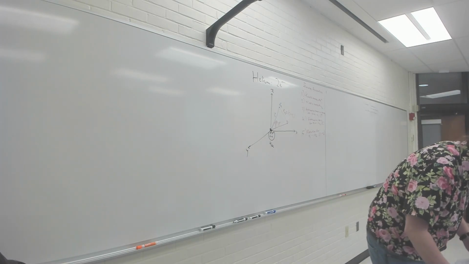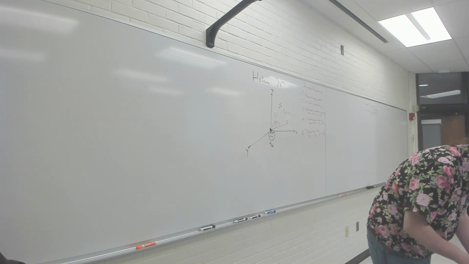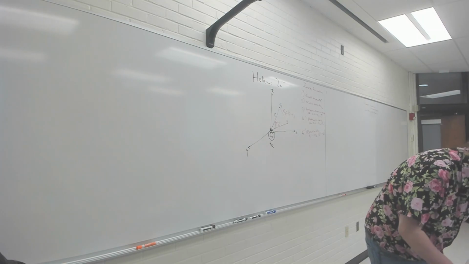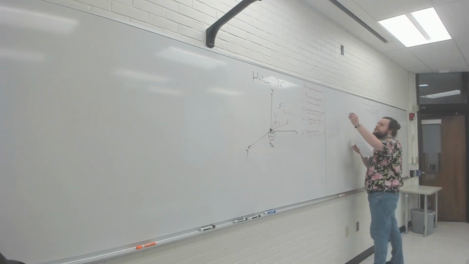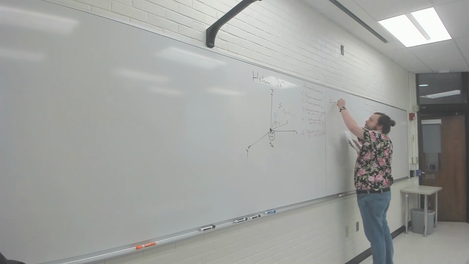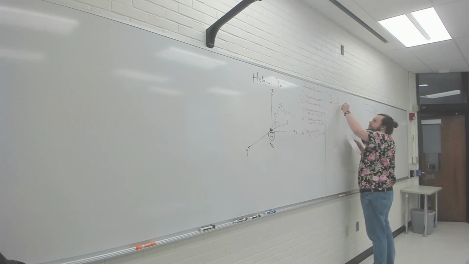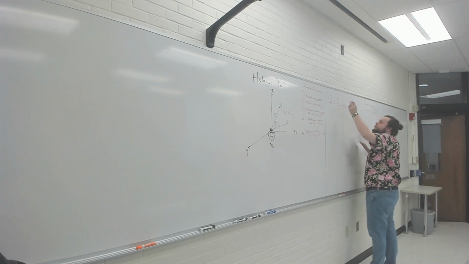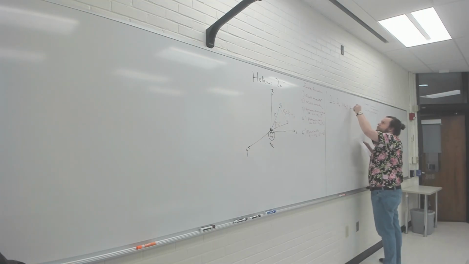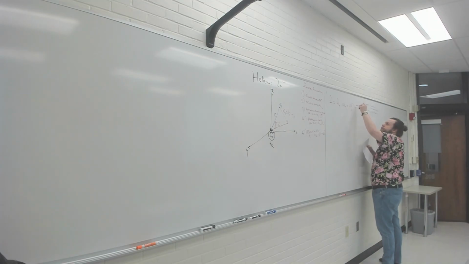So let's write it out. This is page 55. The Hamiltonian for this looks like the Hamiltonian for electron 1 plus the Hamiltonian for electron 2 plus the Hamiltonian for the interaction term, which is the electron-electron repulsion.